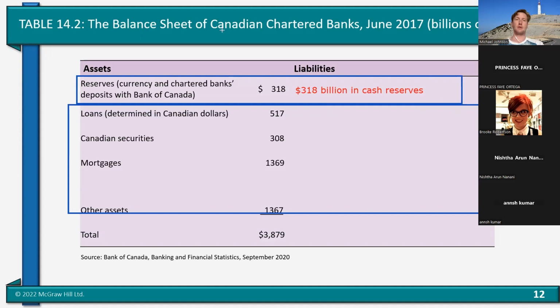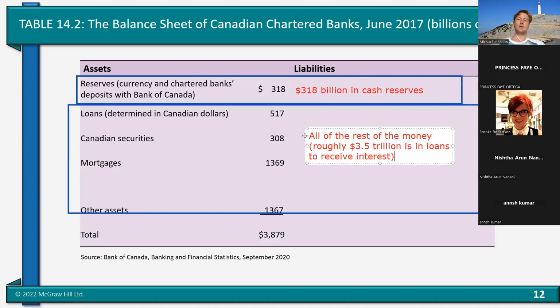So all of the rest of the money, roughly 3.5 trillion, is in loans to receive interest.